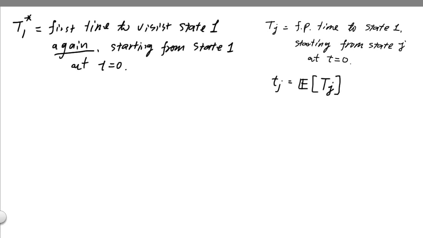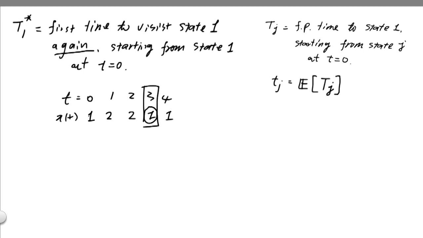As an example, again, we look at t equals 0, 1, 2, 3, 4. Here, if we start from state 1 at time 0, went to state 2, 2, 1, 1 again. Now here, time 3 will be the first time to visit state 1 after time 0.